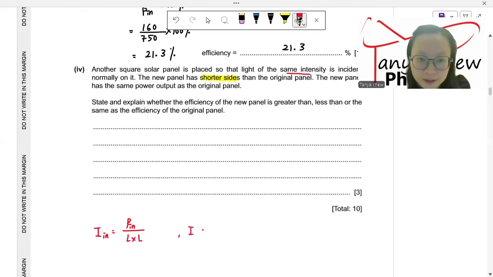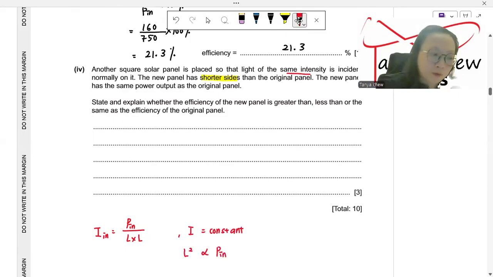Now, intensity is constant. I put I constant. You could see that length square, length times length, is directly proportional to the power input. Since the length, the shorter side, remember the shorter sides than the original panel, length decreases. When the length decreases, the input power will have to decrease.